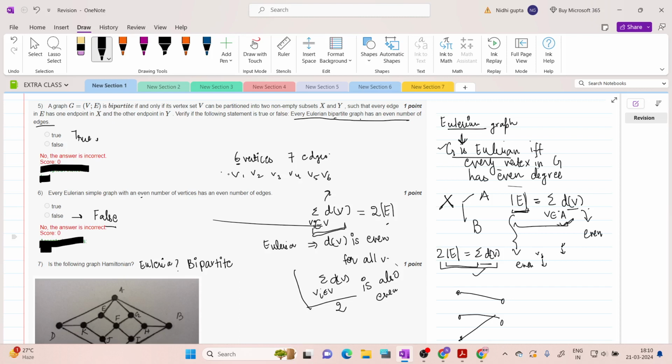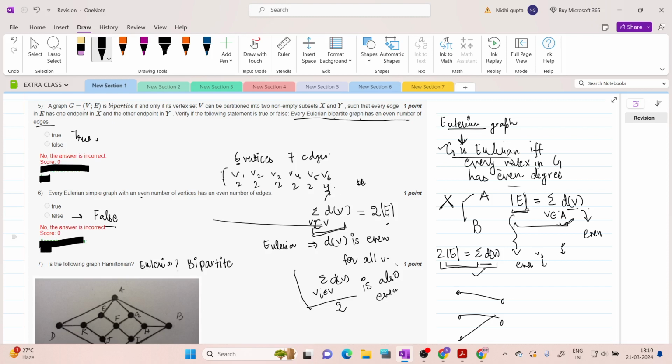So let's take 6 vertices, where five have degree 2 and this one has degree 4. If we sum this up, the sum is 14, so the number of edges is 7.